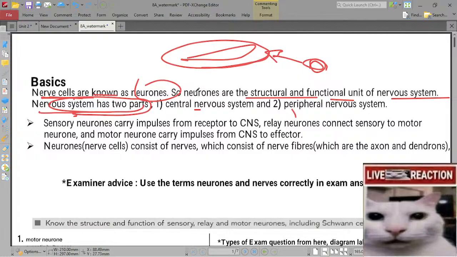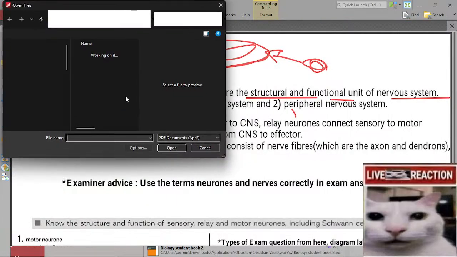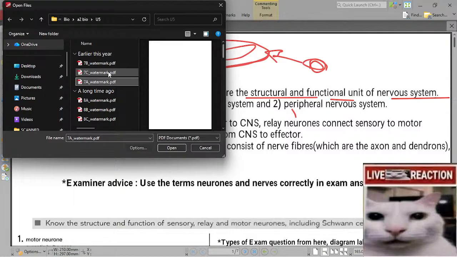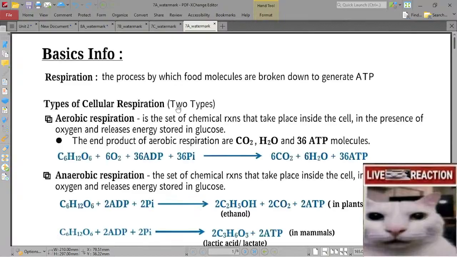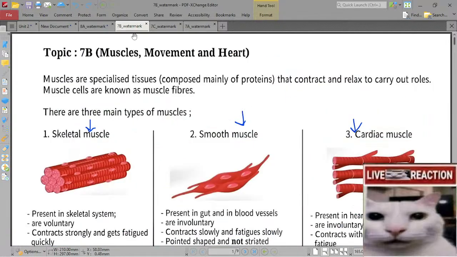Oh God, man, maybe I should revise 7A, 7A, B, C, because I feel kind of bad now. Not 7A, but 7B and 7C.